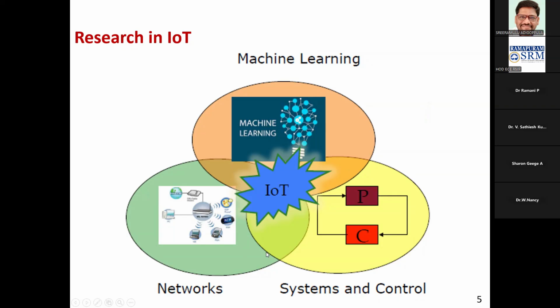So how data can be transferred from one point to another point, and how it can be sent with the minimum latency, with the minimum power. So in that aspect, we need to have some knowledge about communication. And then we also need to have some knowledge about big data analysis, cloud computing, machine learning. So it becomes a multidisciplinary event. So you have a lot of scope when we talk about research in IoT.